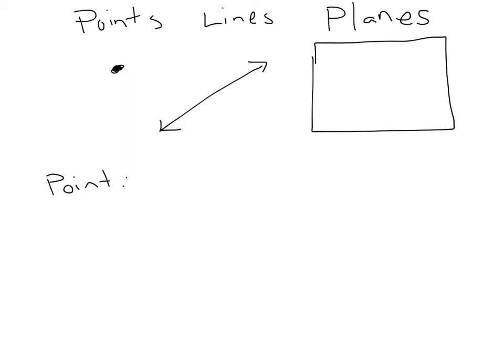A point is named by a capital letter, A. So we can say that represents point A. Not all points are A. I just chose A, right? You could choose whatever letter you'd like, but it would be a capital letter.